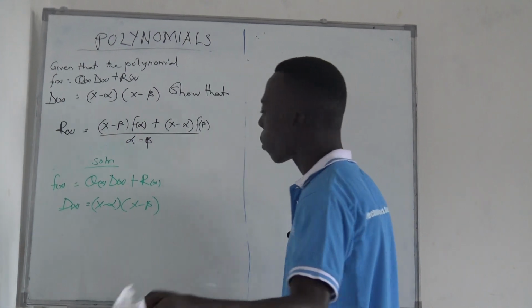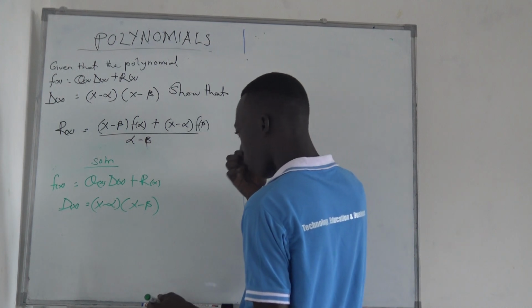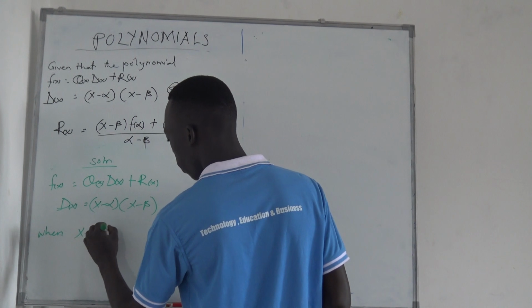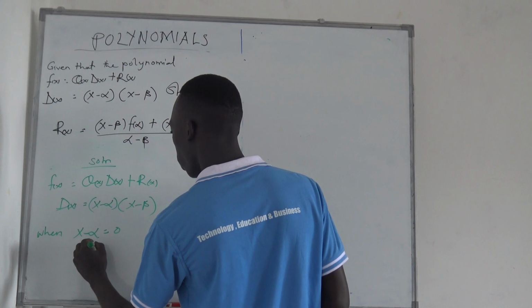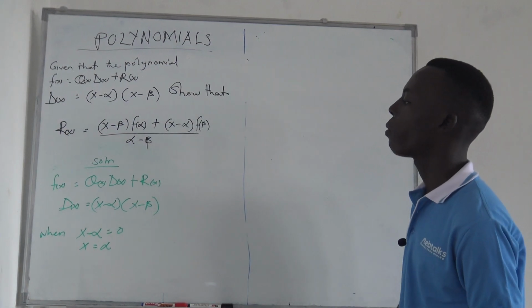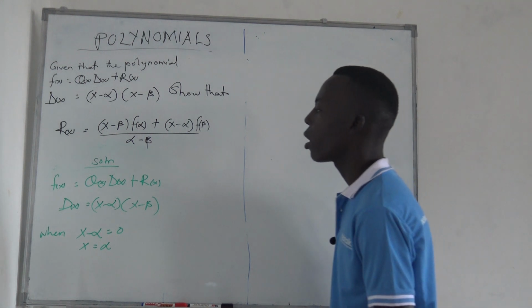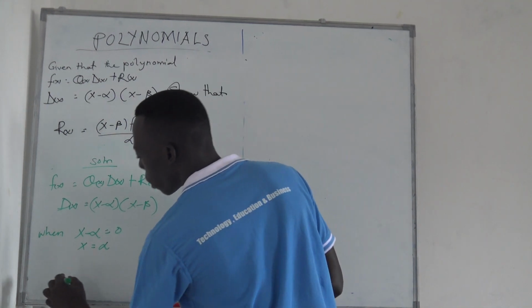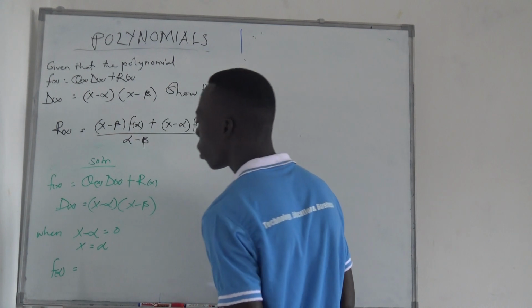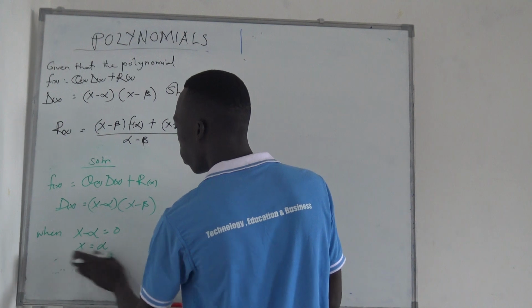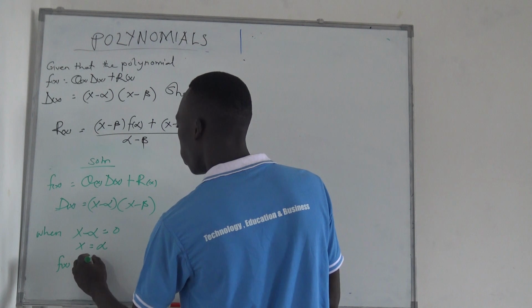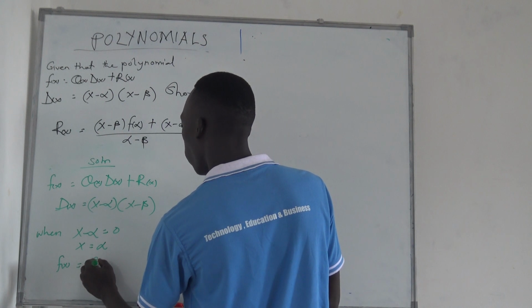So we are continuing. For this case, I'm going to say when x minus alpha equals 0, so I get x equals alpha. After getting that, I have substituted this one, so we have f of alpha equals, from what we know, before we write this one, we saw that our f of x will be equal to the remainder of x.